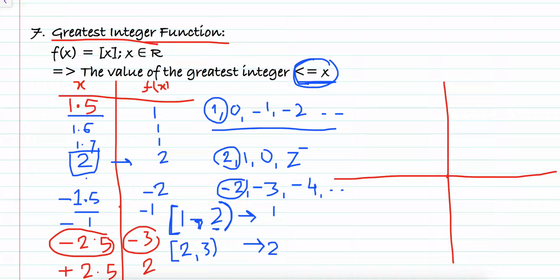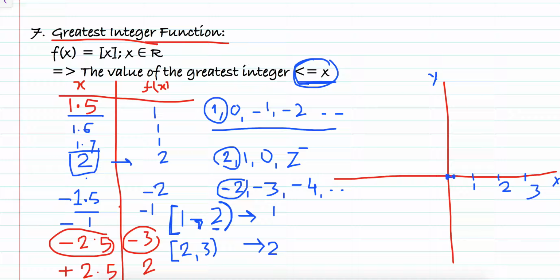So for 0, this should be 0. For 0.1, again it's 0. For 0.2, 0.3, 0.4, up to 0.9, it is 0. Here suppose we have 1, and here 2, then 3. This is the x-axis, and this is the y-axis.